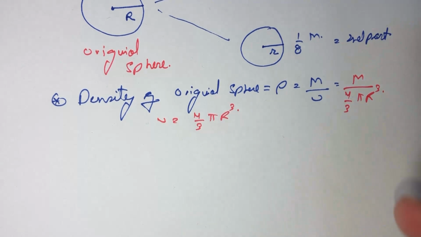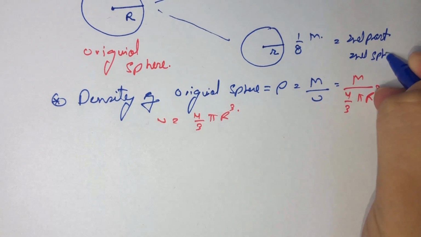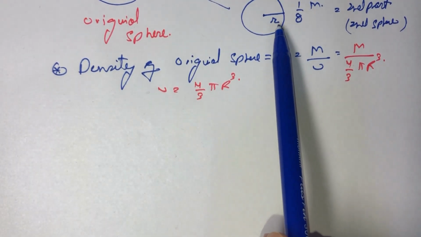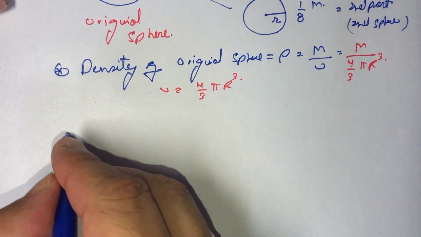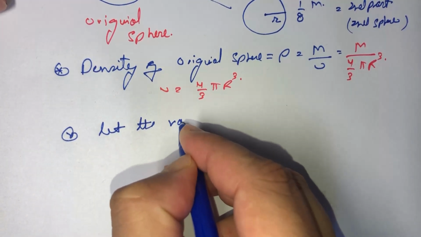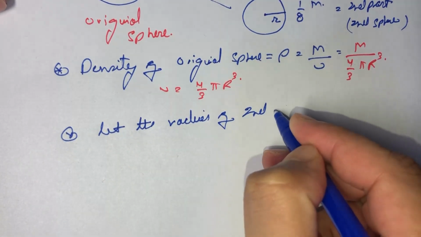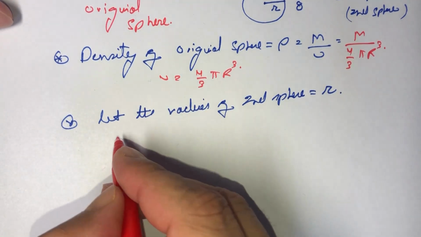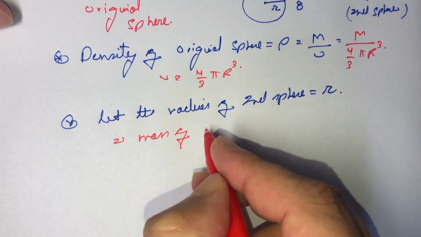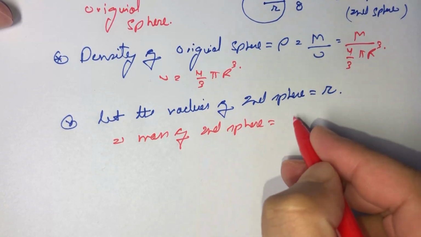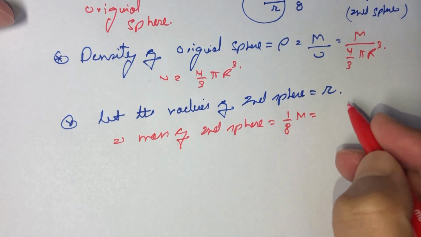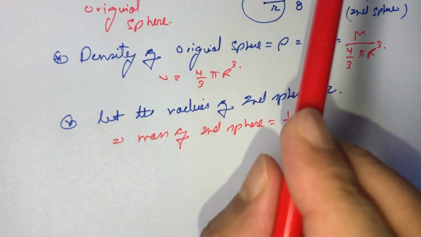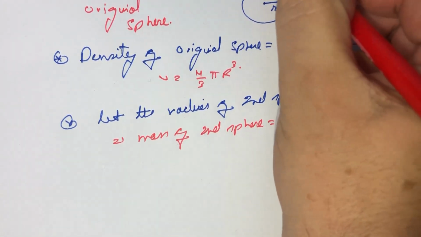And the second part, which we can also call the second sphere, we assume that the radius of the second sphere is small r. Therefore the mass of the second sphere, which is given as 1/8 times m, will be equal to the volume of the second sphere multiplied by the density, because the density in all the objects, the original sphere, the disk, as well as the second sphere, will be the same.